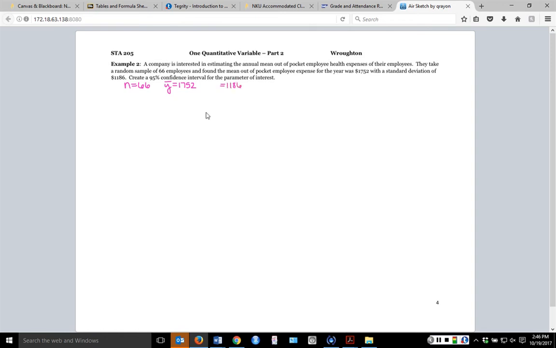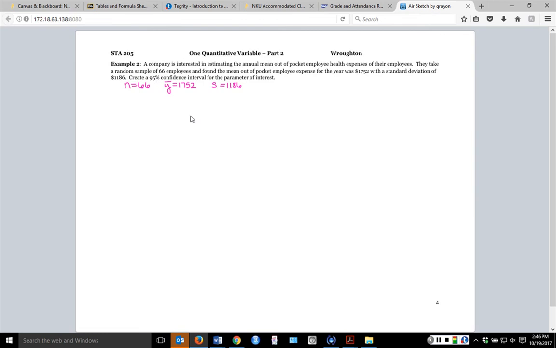Now, the thing to notice here is that this 1,186 is coming from just those 66 employees. So it's coming from just the sample, so that's why that's a sample standard deviation. We're going to do a 95% confidence interval for our parameter of interest.